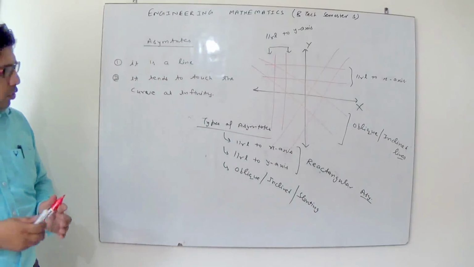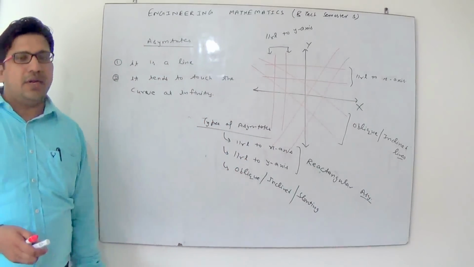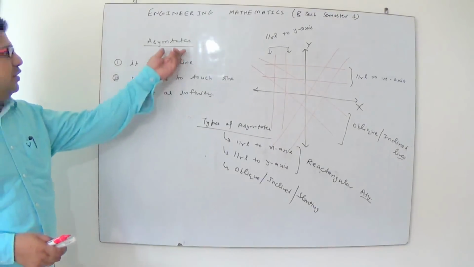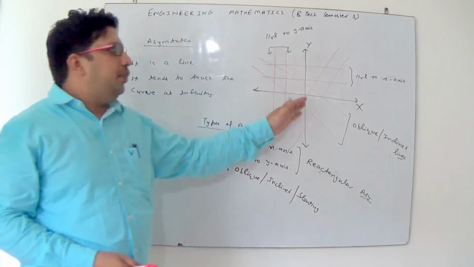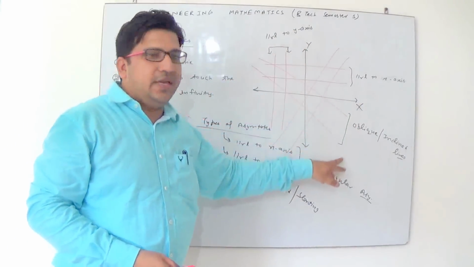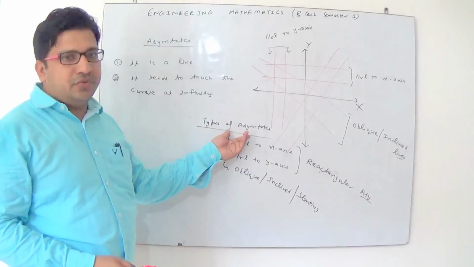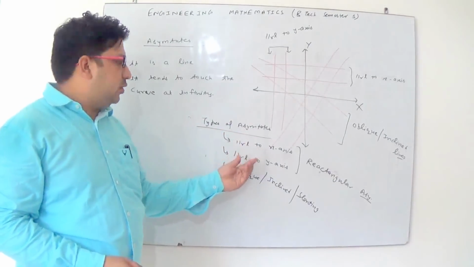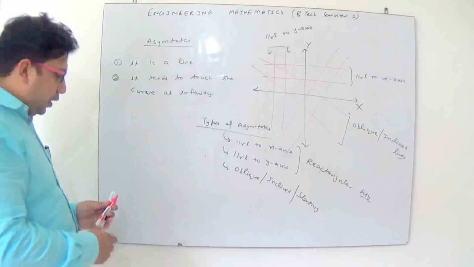Okay, so don't have an issue about it. So asymptotes are firstly a line. Lines are of three types: parallel to x-axis, parallel to y-axis, and oblique lines. So again asymptotes will be of three types: parallel to x-axis, parallel to y-axis, and oblique asymptotes.